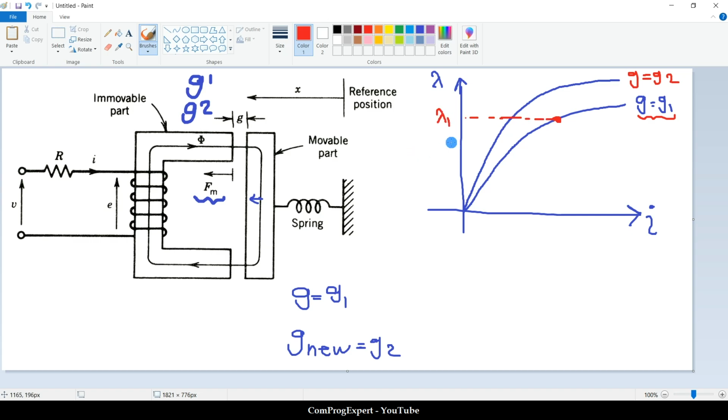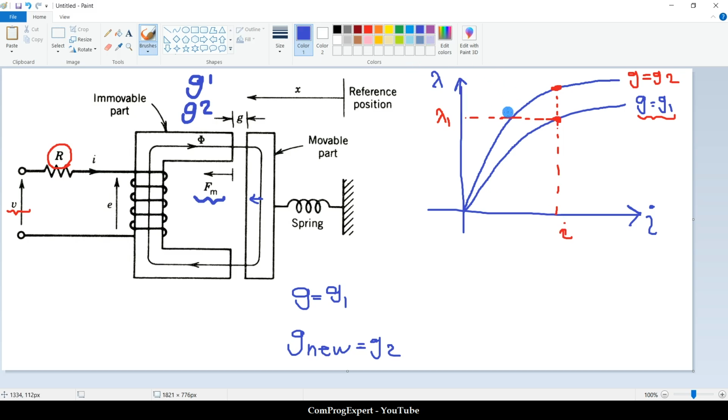Then after the movement and after reaching the steady state for the new value of the air gap, the value of the current will again be I. What is the reason? Because we consider a fixed value for the voltage, and the value of the resistance is fixed. So in steady state operation, we don't have EMF, and the value of the current is the same for gap 1 and gap 2.